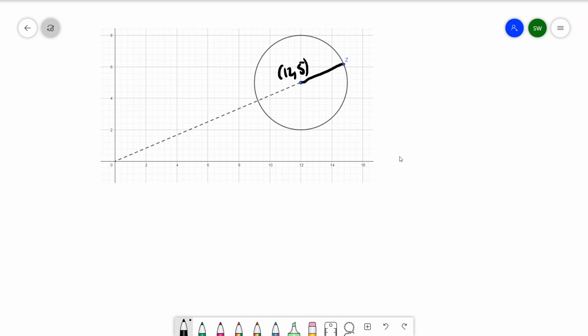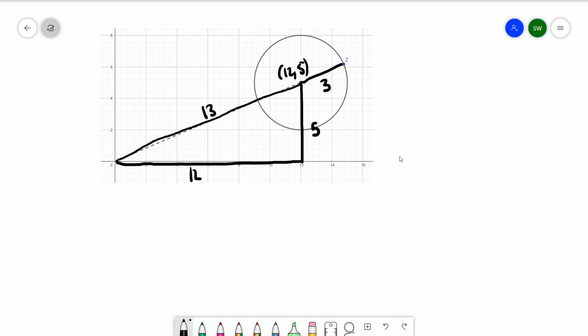We know this portion of the circle is 3, and we already worked out this part was 13, because we drew in this right angled triangle and we knew this length was 12 and that length was 5, so the hypotenuse was 13. So straight away you can see that z is 13 plus 3 away from the origin. So the maximum value of the modulus of z is 16.